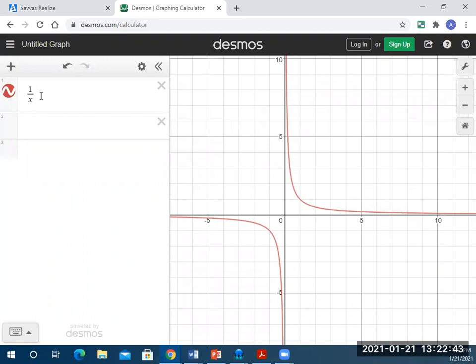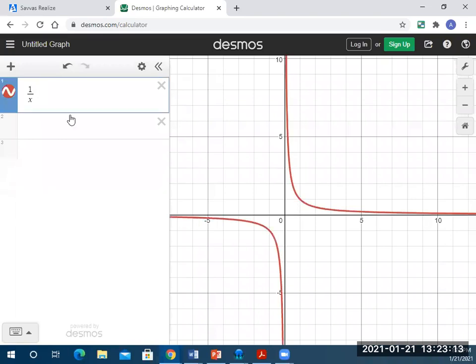So this number tells you what your y value is when x equals 1, right? So when x equals 1 in the parent function, y is what? 1. So this number tells you what your y value is when x equals 1. And then you can see that on the graph. When x is 1, y is 1, right here, right?